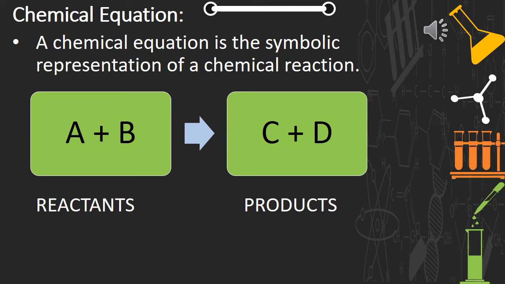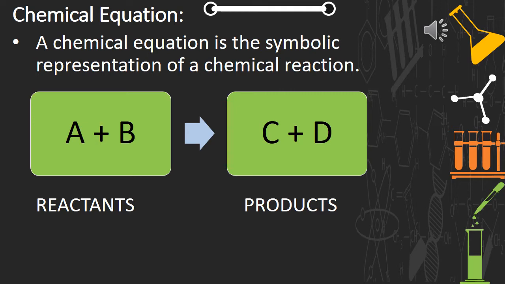Children, I have already told you that a chemical change is accompanied by a chemical reaction. Now in a chemical reaction, two or more substances called reactants react to form a new substance, which is called a product. When it comes to a chemical reaction, it can be written in a symbolic form, which is nothing but the chemical equation.